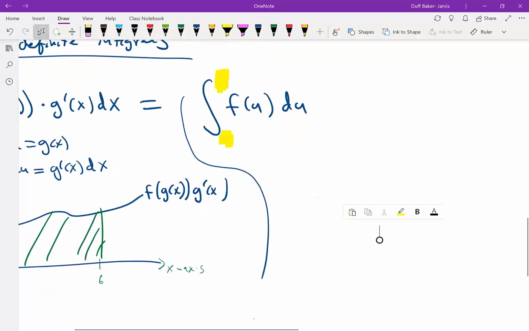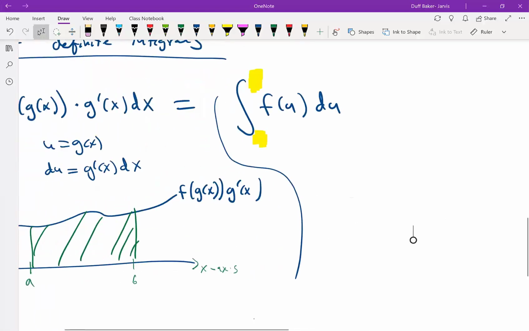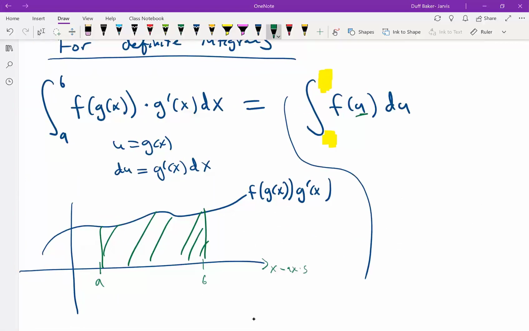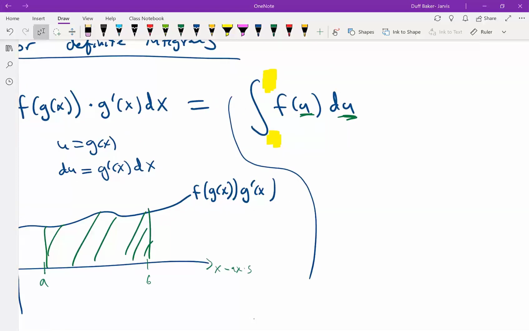But if you go to the other integral, now the variable that controls the x-axis isn't x, it's u. You're doing this in terms of u. So how are x and u related? Well, they're related exactly by this equation here. So when x is a, what is u? What does the endpoint a translate into in terms of u?